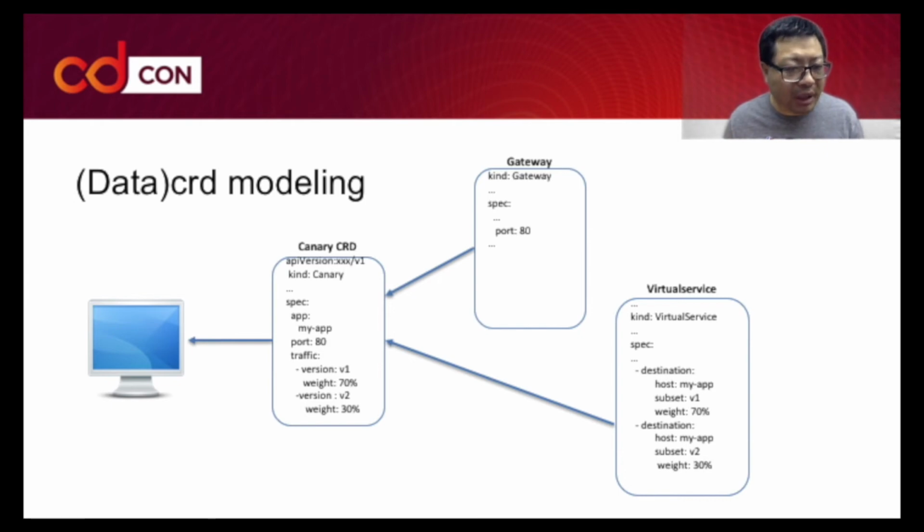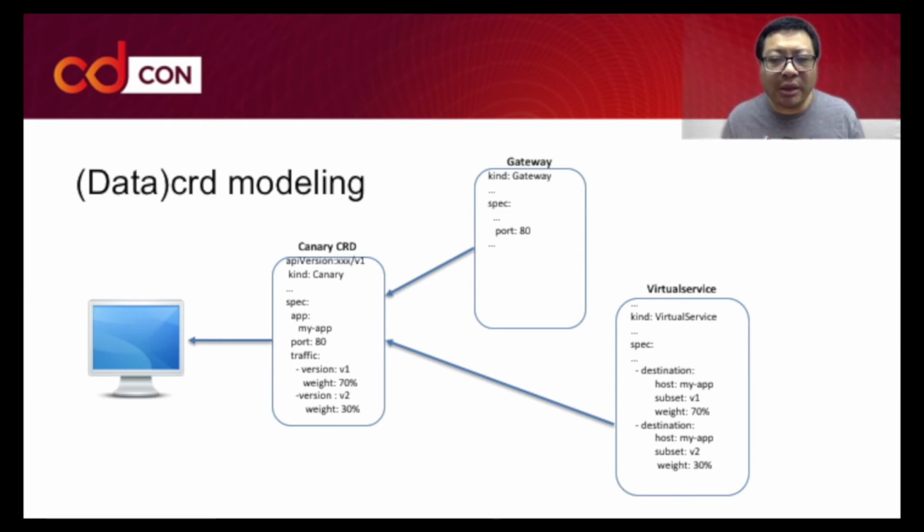Nevertheless, we would like to introduce a middle layer in between, or in this case, it's just the CRD modeling layer. This term, modeling, is borrowed from application development. There's a term called data modeling.